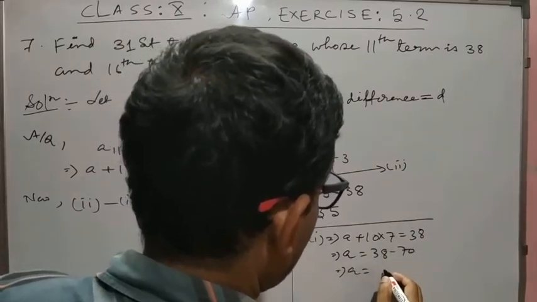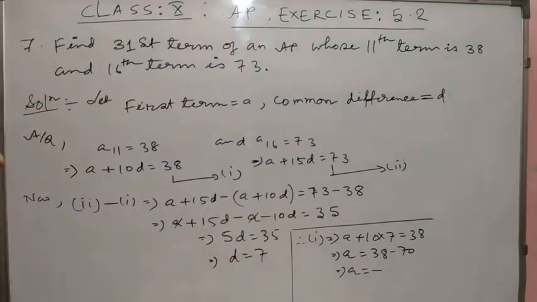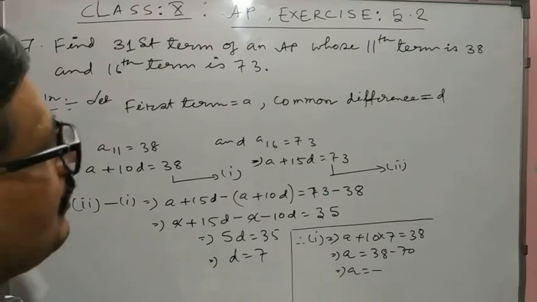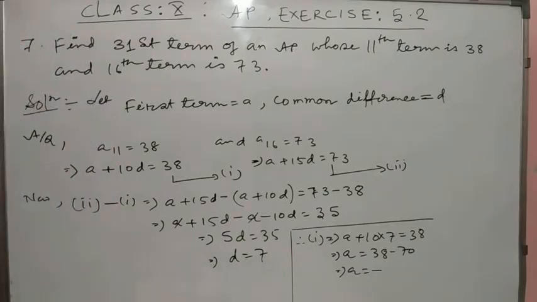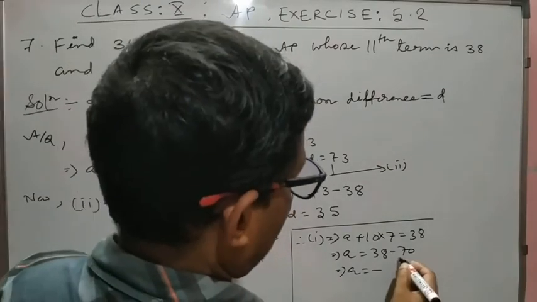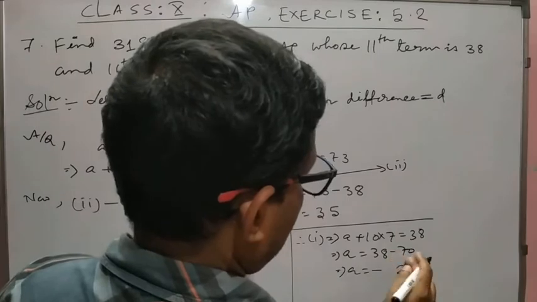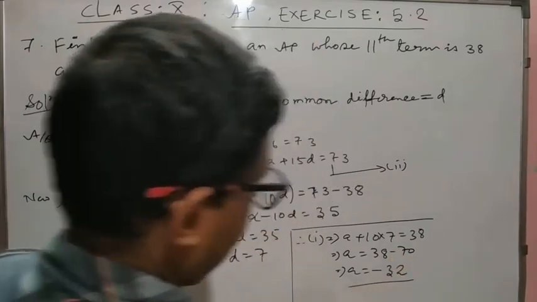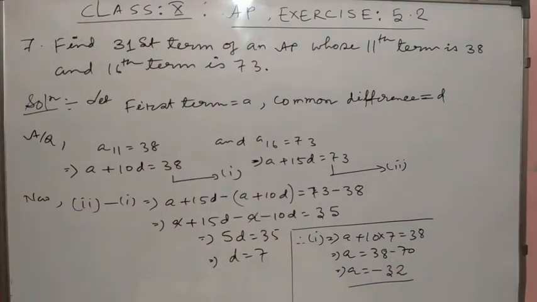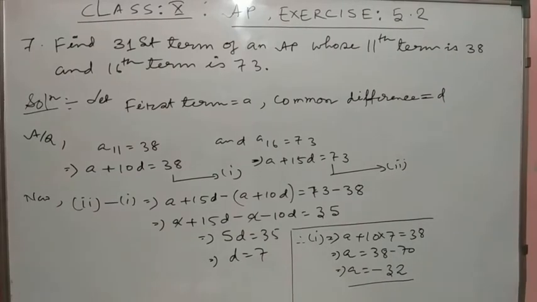This implies that A equal to minus 32. So we got D equal to 7, A equal to minus 32.